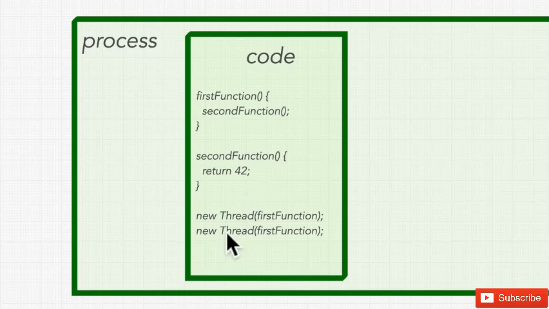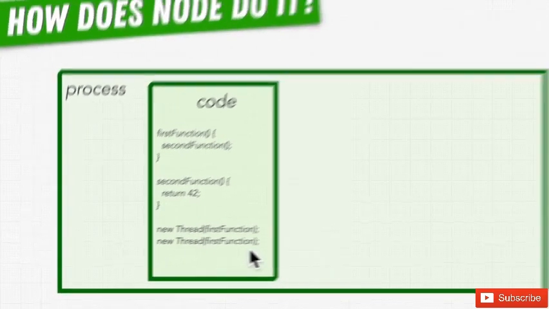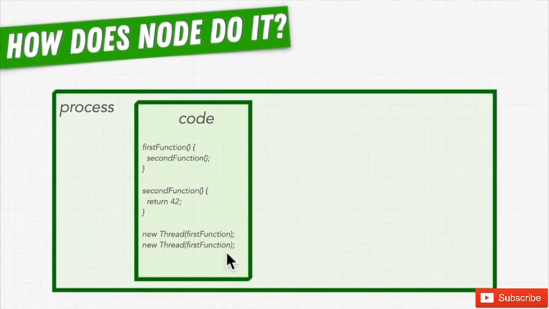And then below, we have this code which creates a new thread using the code from that first function, and then creates another thread using that same function. Now, this is pseudocode. It's not code in any real programming language, but it's a lot like the code that you might see in a multi-threaded programming language.